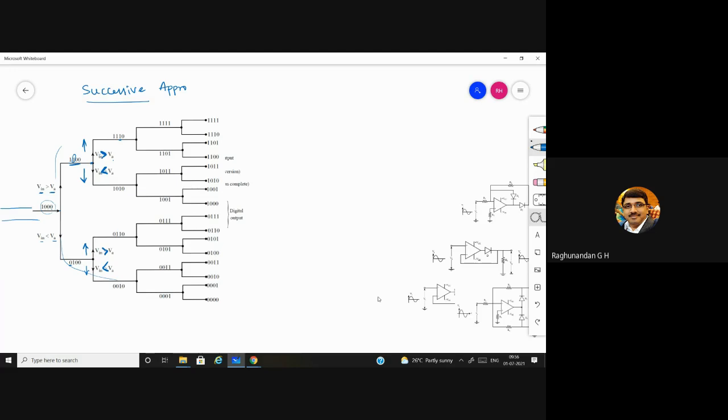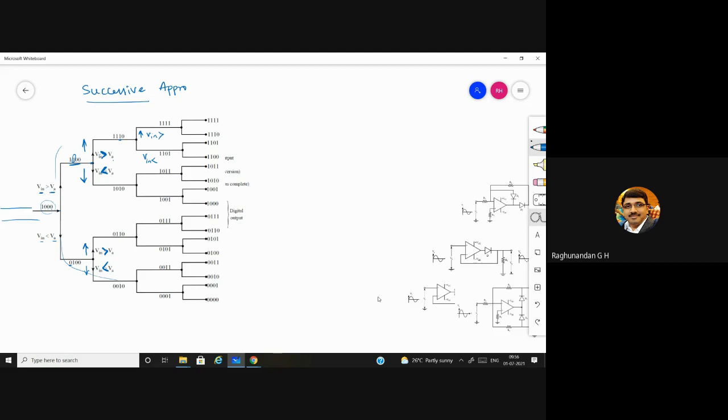Now, as I told, for the upper branch we consider V in is greater, for the lower branch we consider V in is lesser. Suppose V in is greater than this value, obviously, if it is greater, we have to retain the present values. If it is smaller, then we have to reset the present value and change the next value.